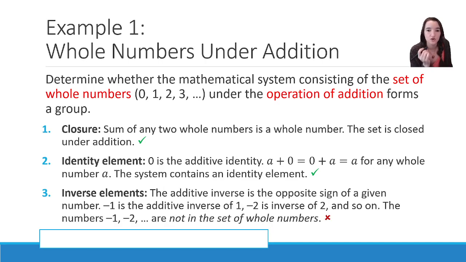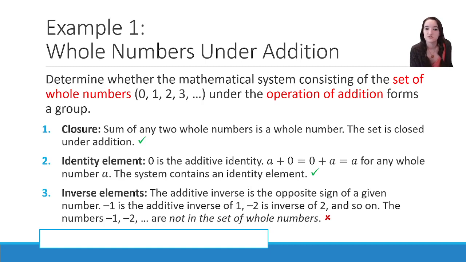No, in fact, there are no negative numbers within the whole numbers. The additive inverse doesn't exist for anything except for 0 itself, because 0 plus 0 is 0, but if -1 is the additive inverse to 1, it's already broken. As soon as we are missing one element, our system is broken. 1 doesn't have an inverse, but neither does 2, or 3, or 4, or 5, or any of those.